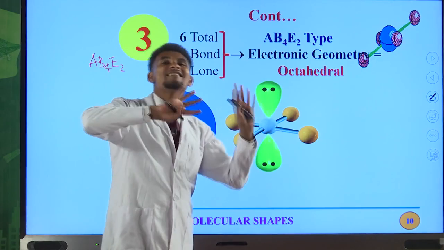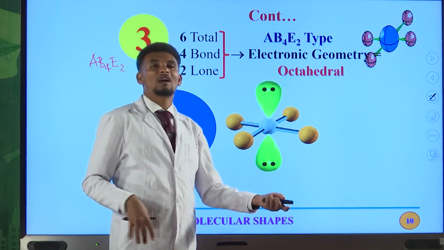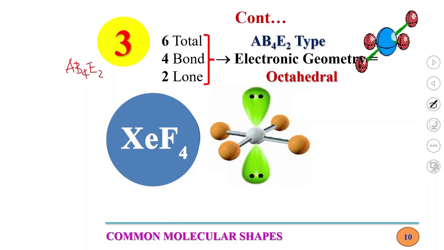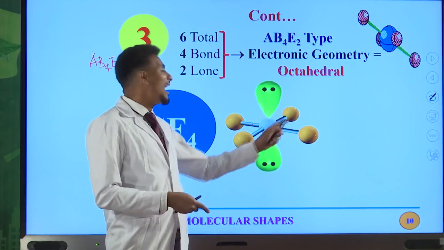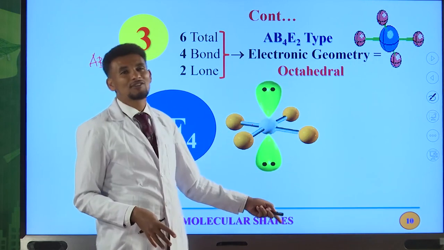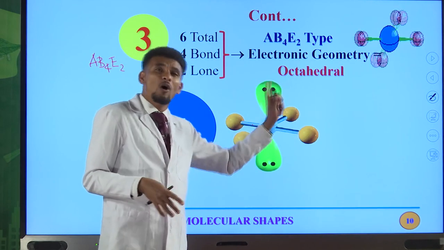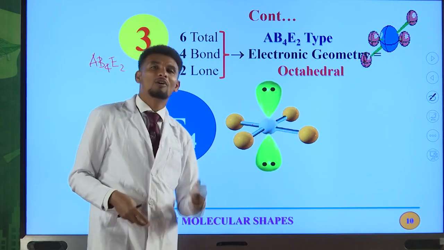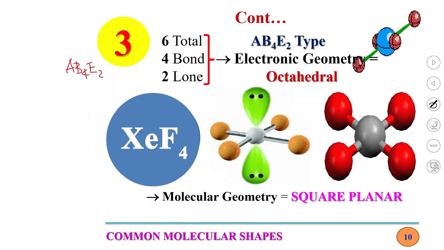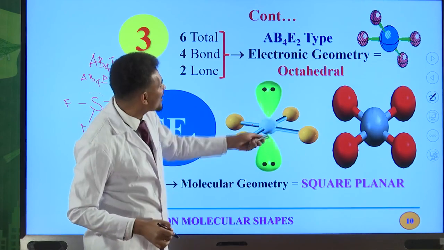However, to predict the molecular geometry or molecular shape for such type of molecules, only look at the atoms. Ignore the lone pairs. If you connect only the atoms, the shape of this molecule is square planar. Its electronic geometry is octahedral. It looks like this one.